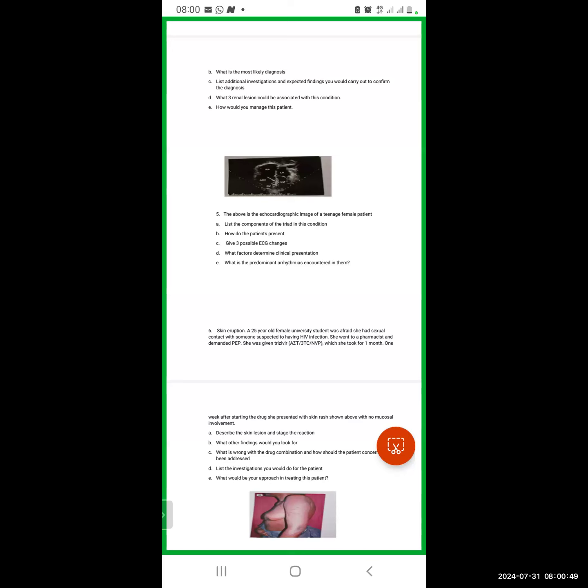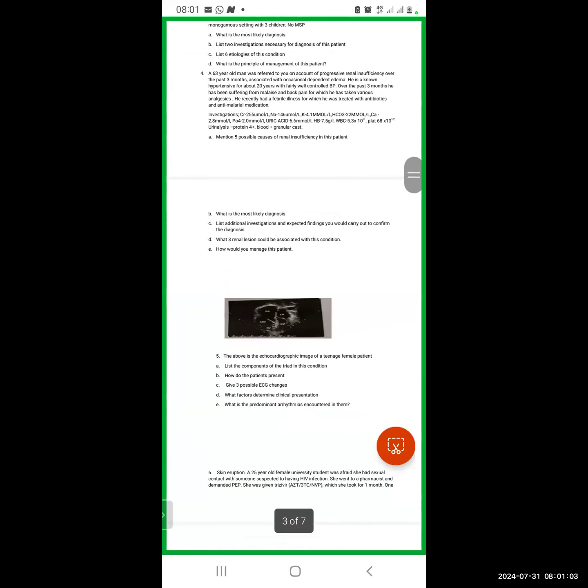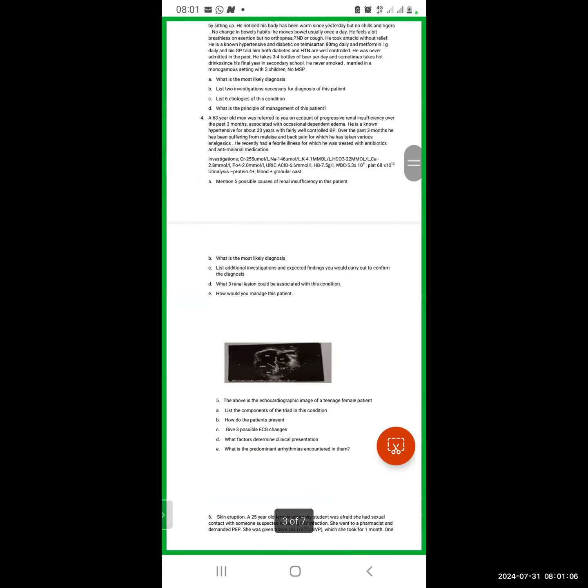In cases where they already know this patient has a renal impairment, you may need to dialyze the patient, very fine. But if the disease progresses and you want to do a transplant, remember too that this patient is at risk with a transplant. That's another thing I wanted to mention.